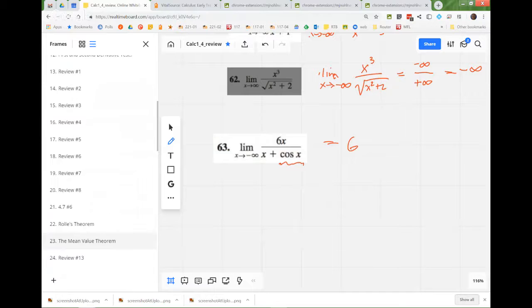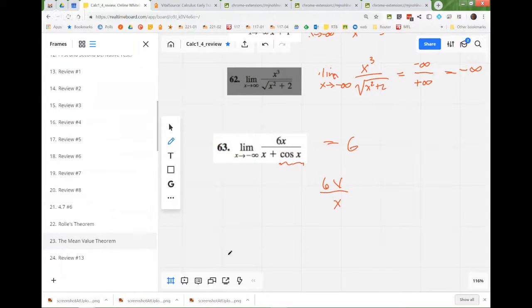One question: with it being negative infinity, would it just be 6, or would it be negative 6? It would be 6. Here's where you need to think of the variables. So really, this is negative 6x over x.